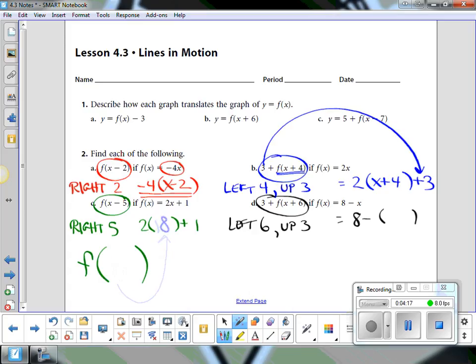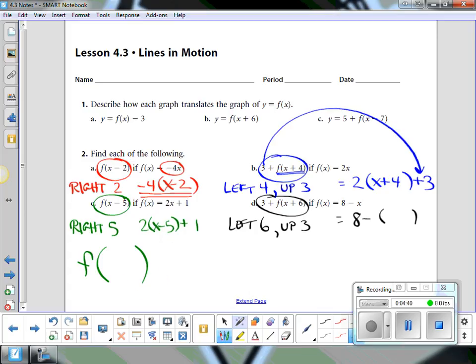It's like the fuel going into the engine. Okay, whatever is in there goes in the machine. They want an x minus 5 in there. So instead of 2x plus 1, we're going to do 2 times x minus 5 plus 1. Whatever is in the parentheses replaces x.